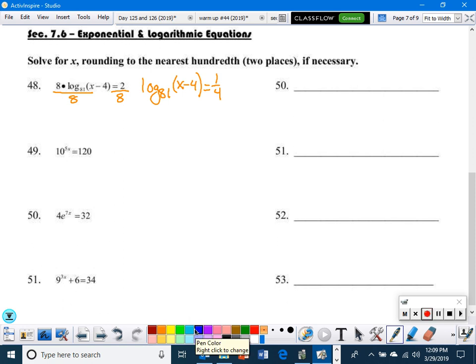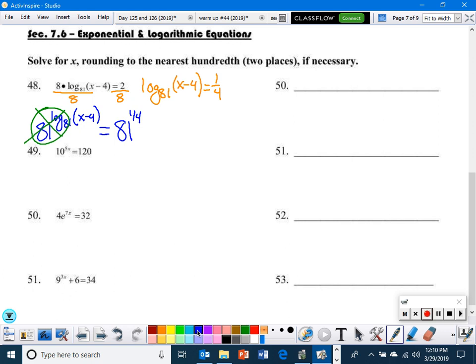So I'm going to rewrite this as... okay, see what I did? I made a big 81 a base, and I made the other parts the exponents. Because what's going to happen there, remember, is these are inverses of each other and they cancel out.